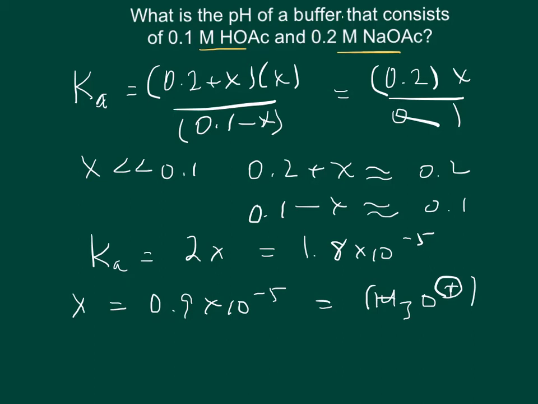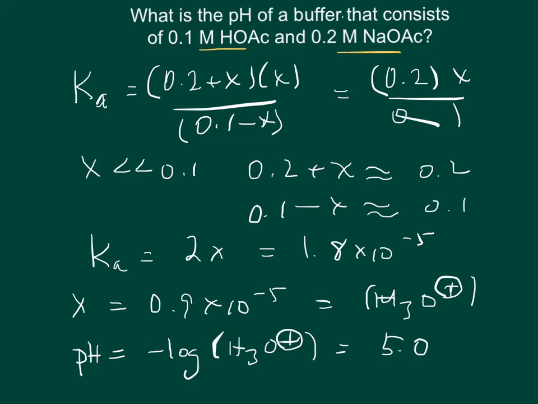And now, because the H3O plus concentration is 0.9 times 10 to the minus fifth, we can say that pH equals minus log H3O plus, which equals about 5.0.